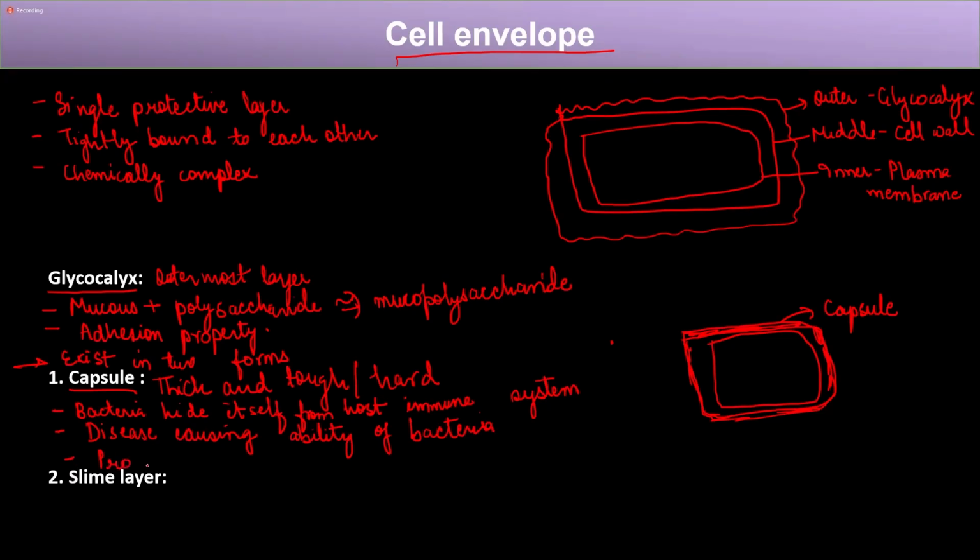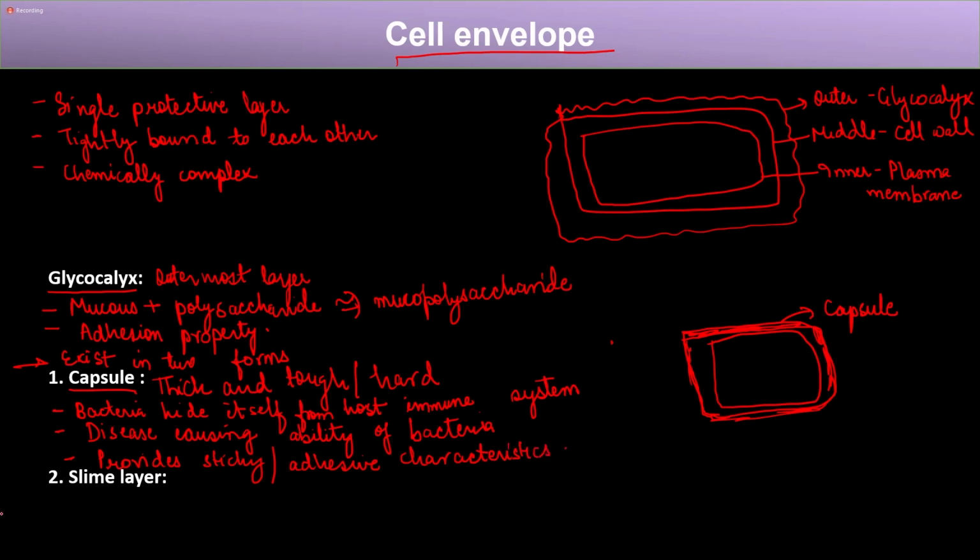So if the bacteria wants to anchor or attach somewhere, it can do it with the help of the capsule because it has sticky or adhesive characteristics.